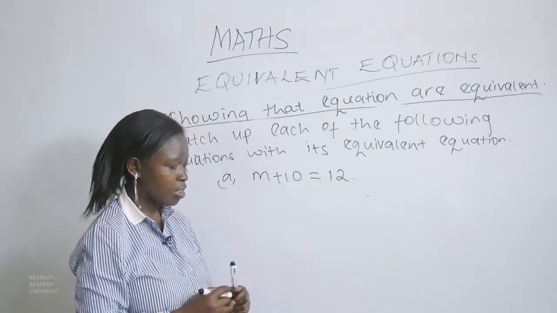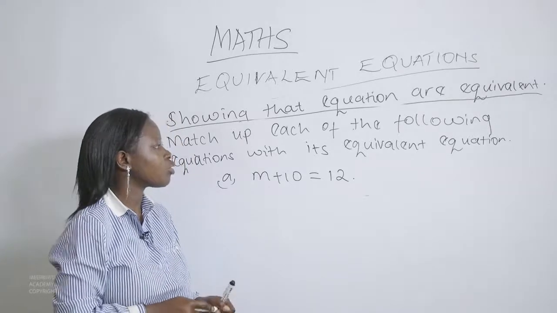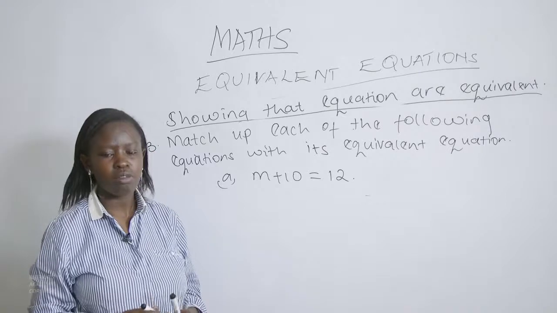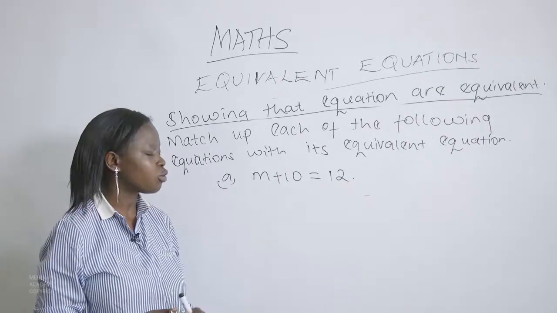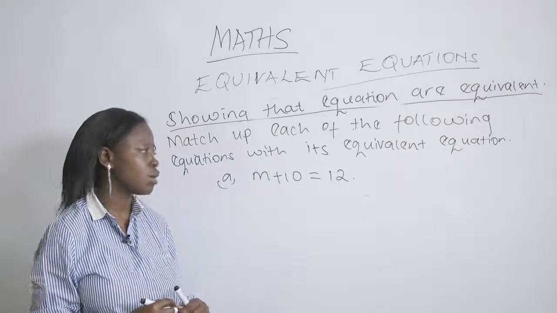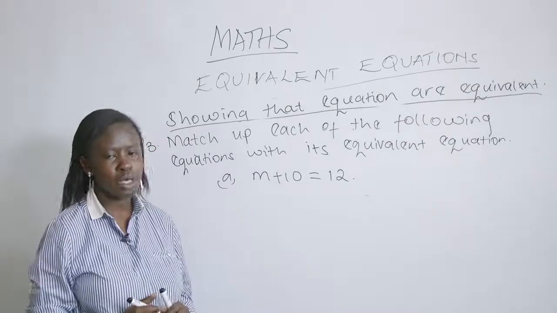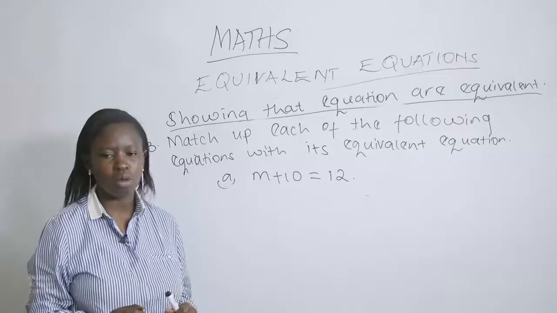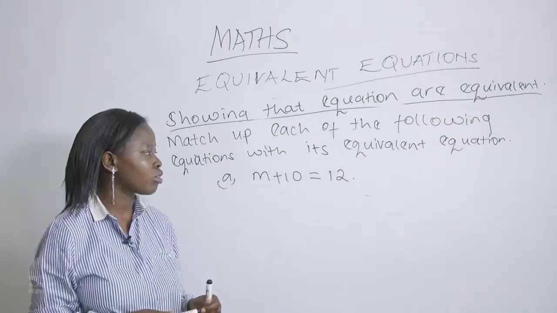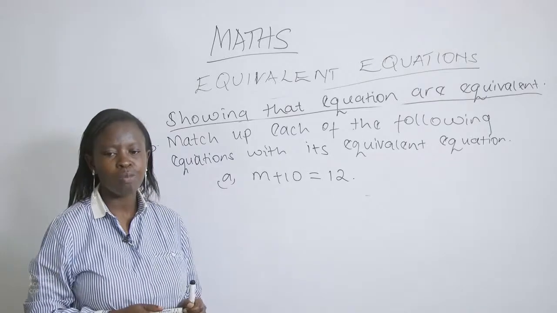So the question is asking us to match up each of these equations with its equivalent equation. So we need to find out which equation is equivalent to whatever equation we've been given. The first equation we have is m plus 10 is equal to 12, and we need to find an equivalent equation to m plus 10 is equal to 12.